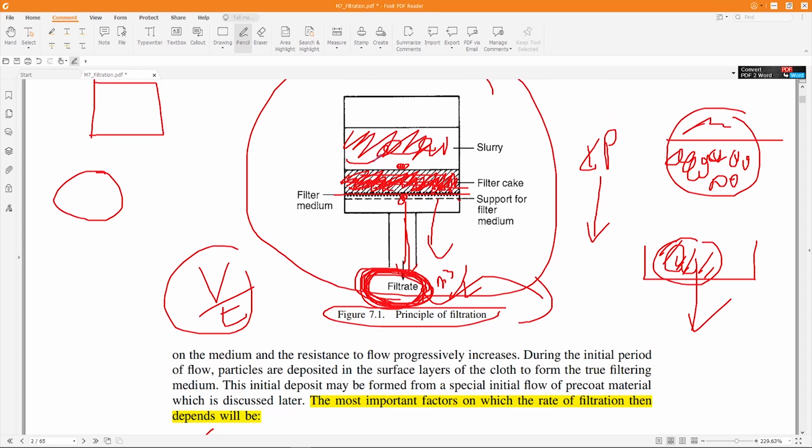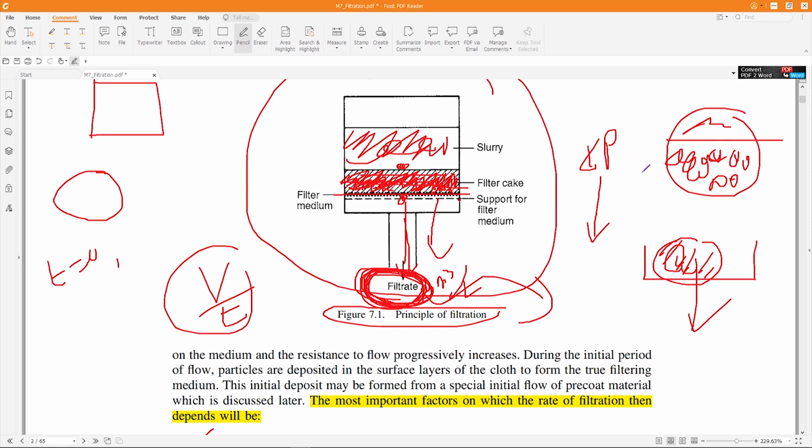How? At the start, at time equal to 0, there is no filter cake, right? So the rate of filtration is already high. But as time progresses, the rate of filtration decreases because of the resistance offered by the filter cake. So if you want to maintain a constant flow rate throughout the process, then you have to increase the pressure with time.